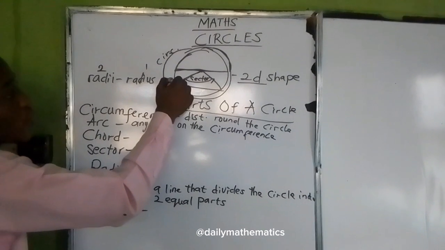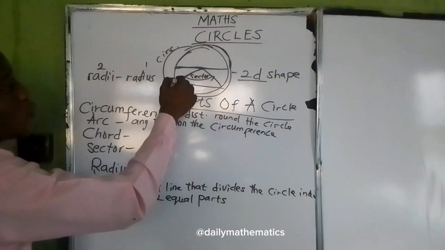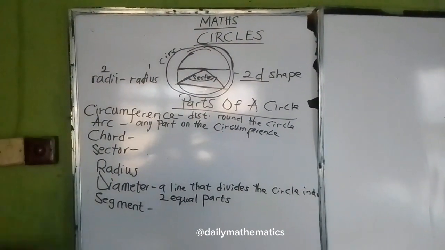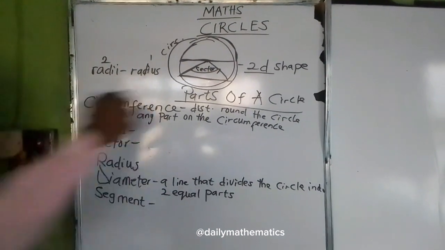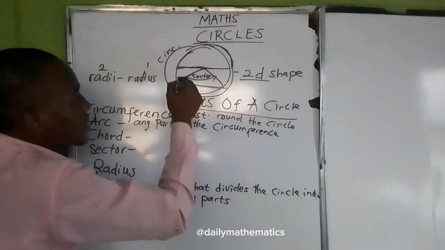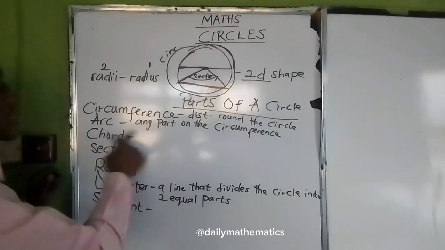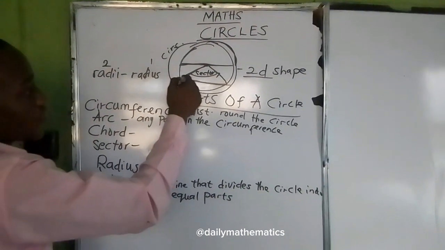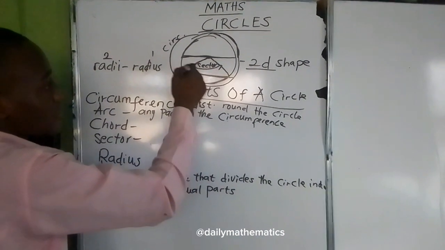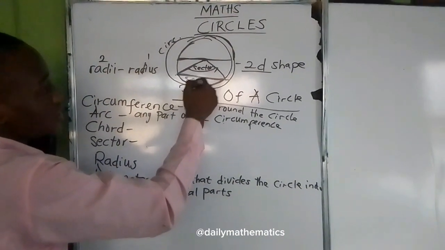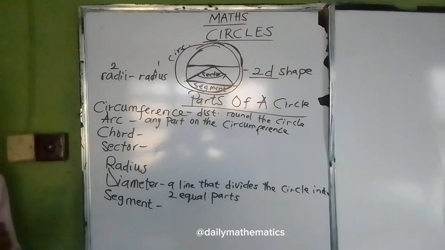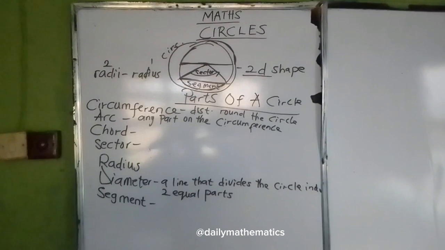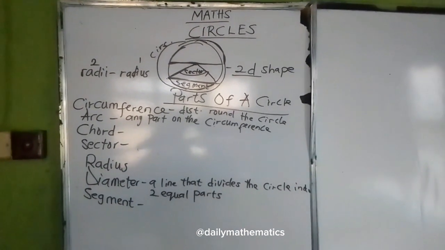This is a chord, and this is an arc. You remember, an arc is any part on the circumference of the circle. So a segment is here. A segment is the area enclosed by a chord and an arc.